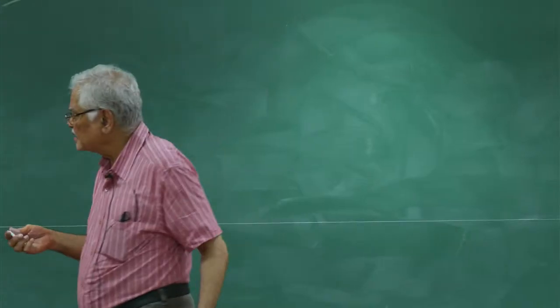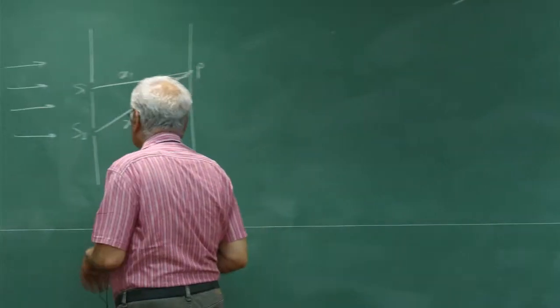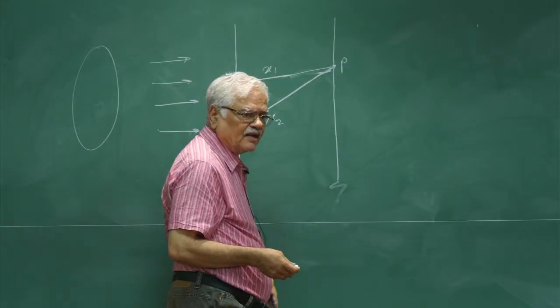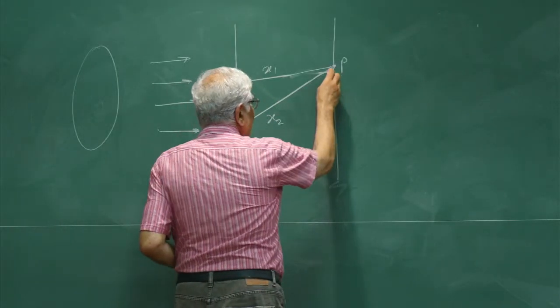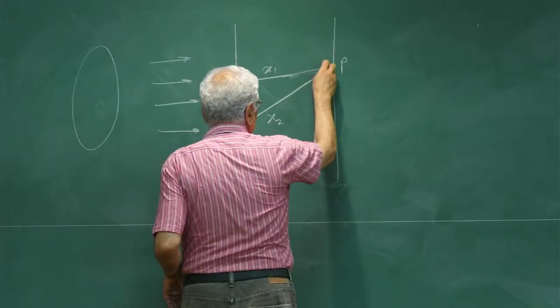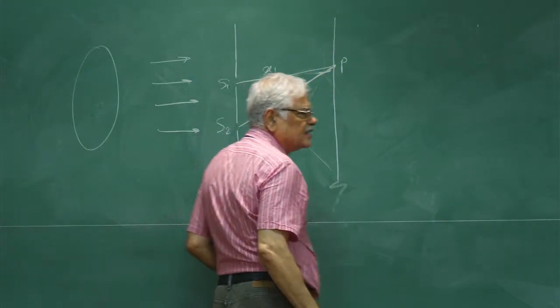Another thing that you can see experimentally. How do I see it experimentally? I close S1. Then what happens? The interference pattern is lost, and I get a bump with a peak in front of S2.